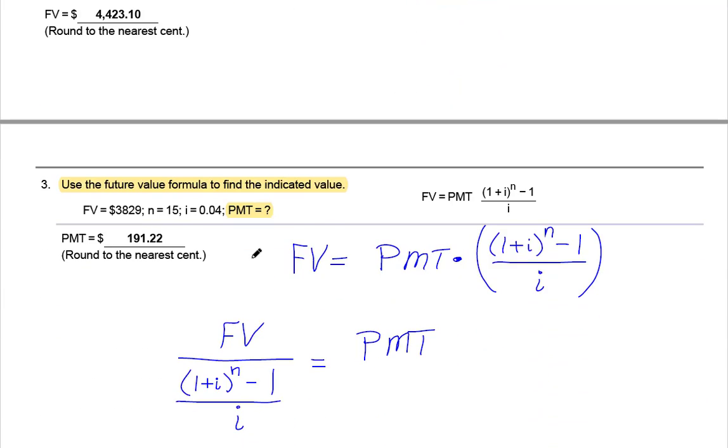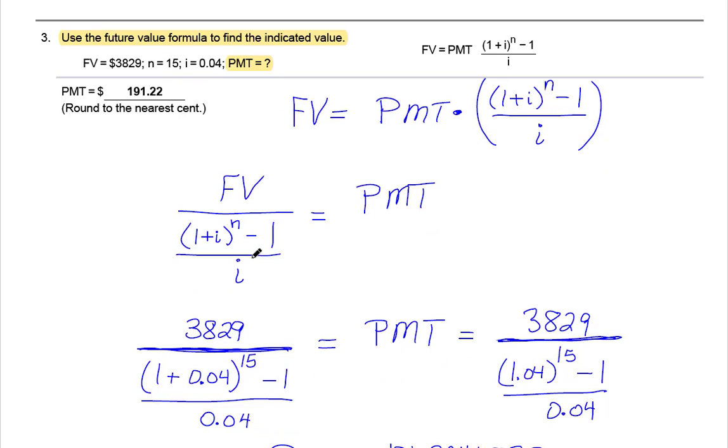All right, question 3. We want to use the future value formula. Here's our formula again. Payment times 1 plus I to the n minus 1 all over I. But in this case, I'm looking to find the payment. We have the future value. We have I and we have n.